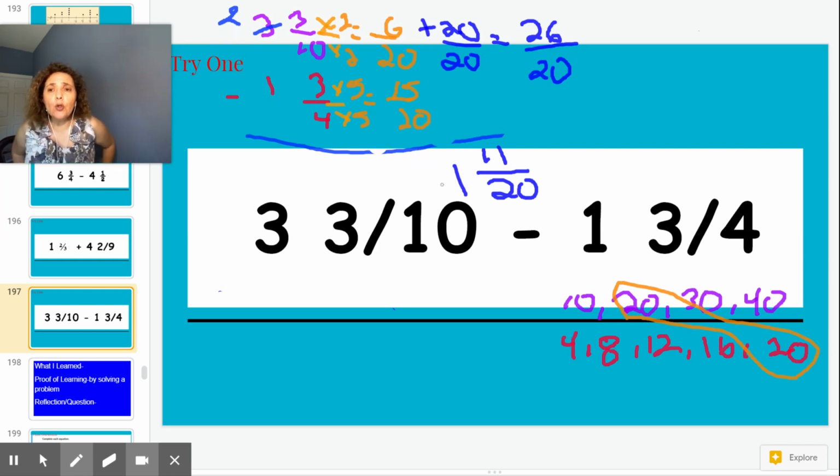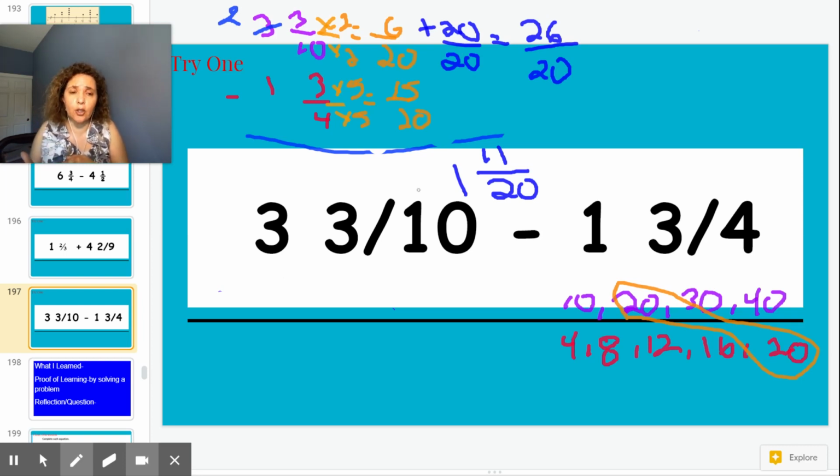Now, if you use the opposite denominator and multiply together, if you use 10 and 4 and got 40 here, then you would have to reduce, right? Because I think you would have gotten 22/40, and then you would have to divide both by 2 to get your 11/20.